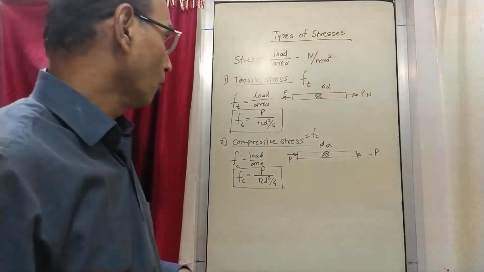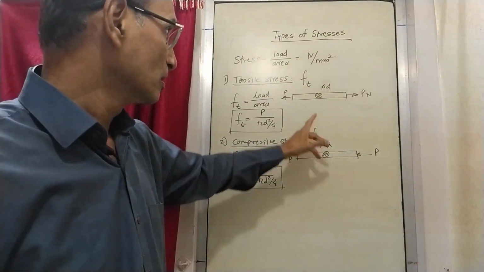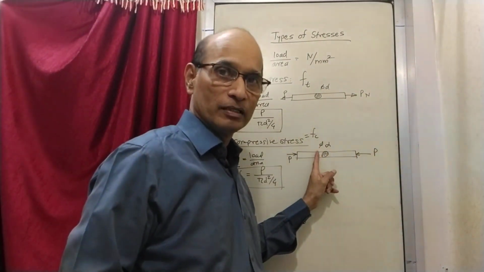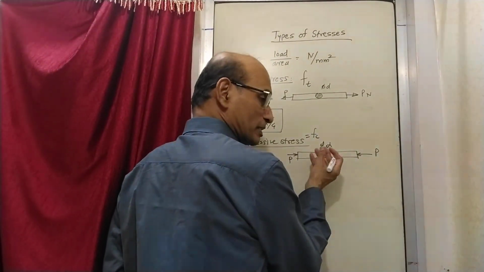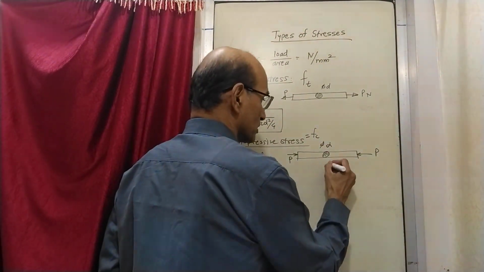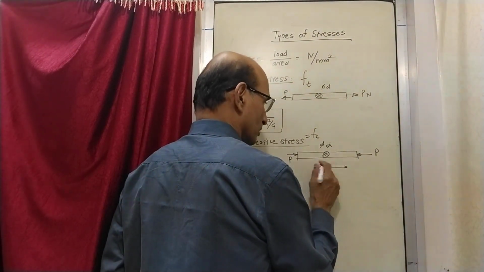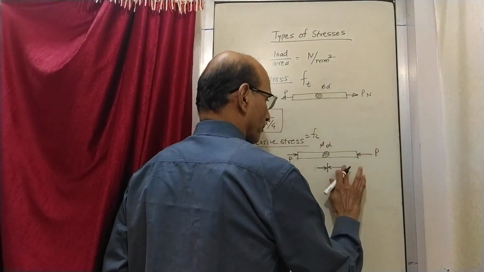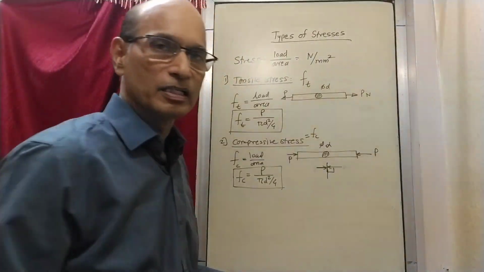Now, what can you say in these two cases? In these two cases, if you see, you will realize that the load is perpendicular to the area. Now I have shown this area by revolving it like this, but the area is like this, and to this area the load is applied, say in this case maybe compressive, but the load and the area are perpendicular.